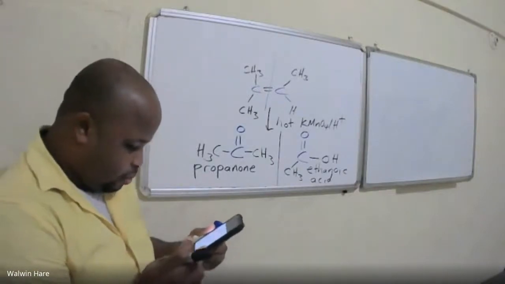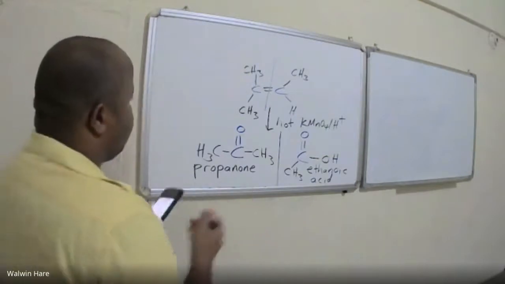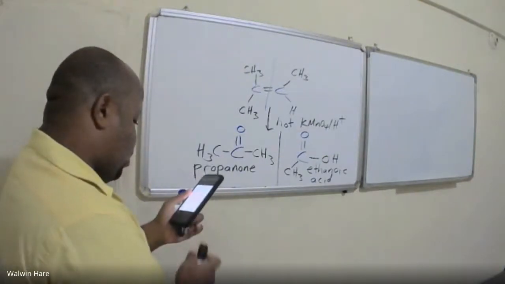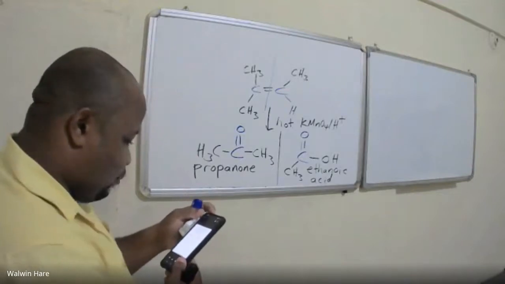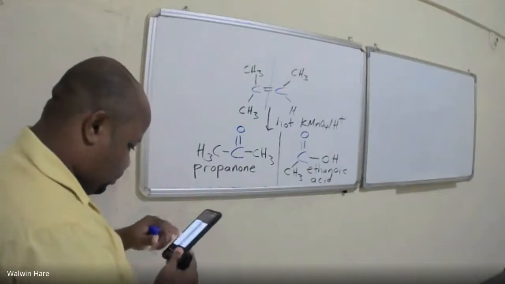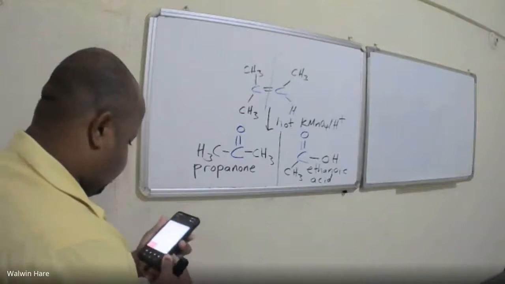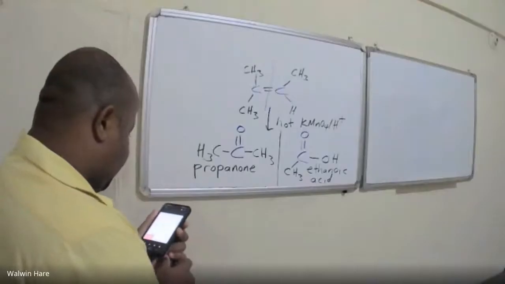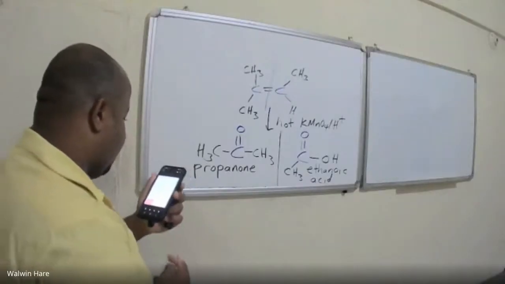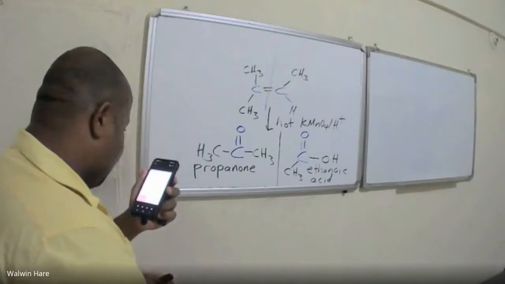Alright, so the other one left now is alcohol. So what is the name of the reaction in which we get an alcohol from an alkene? Hydration. Yes, hydration. Alright, what is the reagent for hydration?